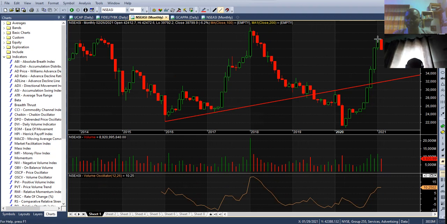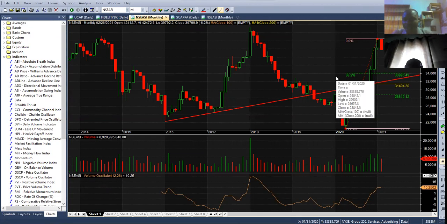Now, a lot of things can help us determine where we are going to see a likely correction and a resumption in the move. So we may say, can the NSE come back to 33.99, then for another re-entry.